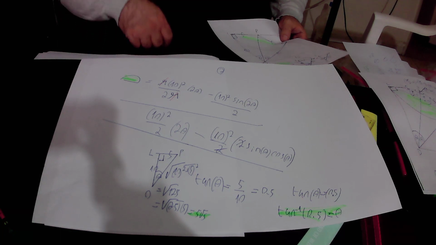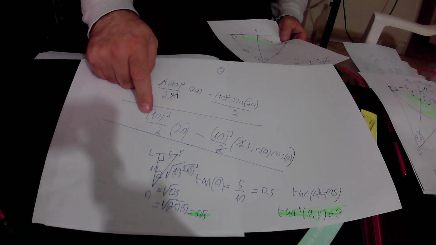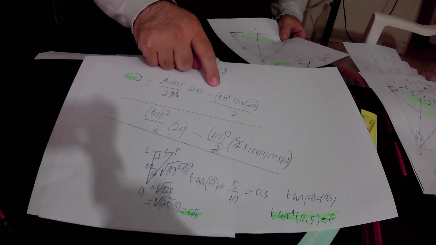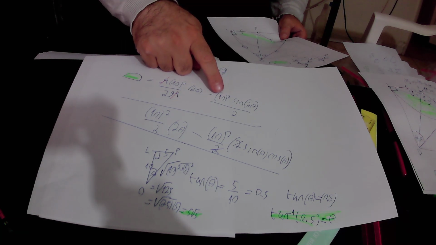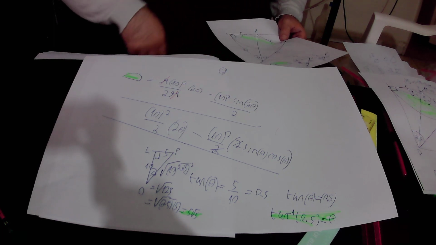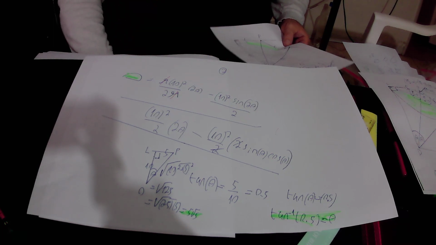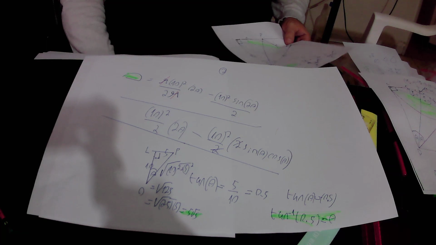So here we have 10 square over 2 times 2 theta equals 10 square over 2 times sinus 2 theta over 2. And sinus 2 theta equals 2 sinus theta cosine theta.